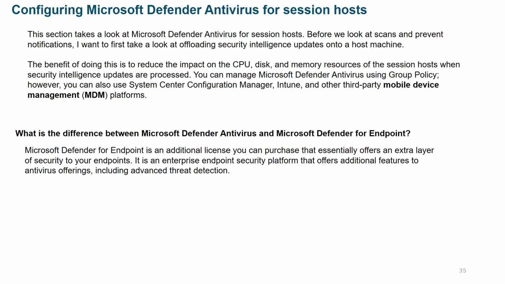So many tools are there that we can use to manage it. If you want to use this, Microsoft Defender for Endpoint is an additional license. You can purchase it, and it offers an extra layer of security to your endpoint. Everything is licensed, right? Without a purchase, we can't use it.